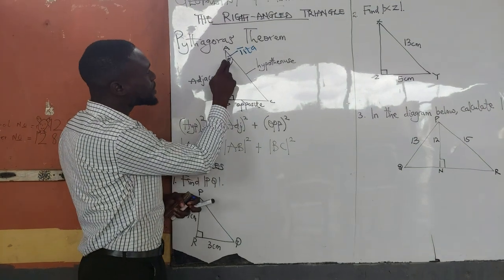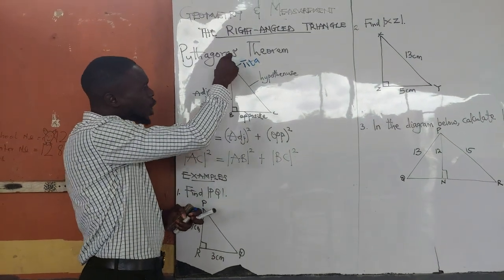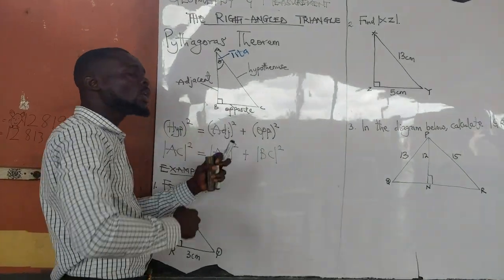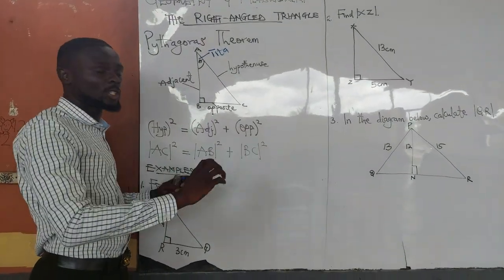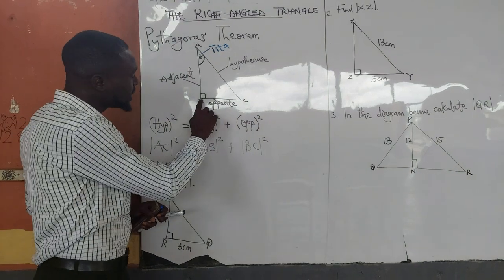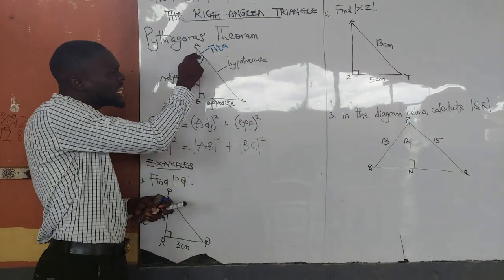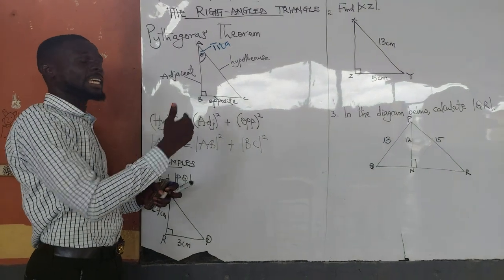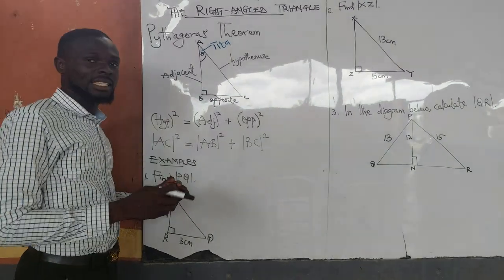So if I write my theta here, then the side of the triangle being opposite to theta is referred to as the opposite. So this line is the opposite depending on where the angle is located, and the other side is given the what? The adjacent.